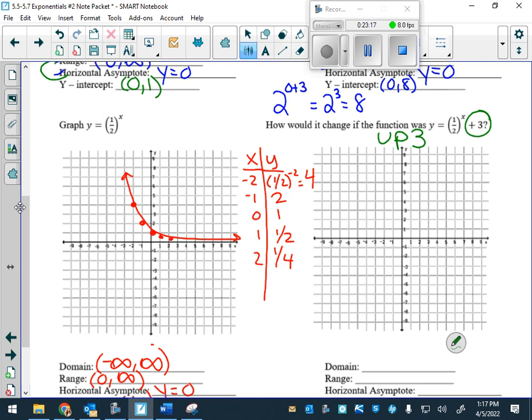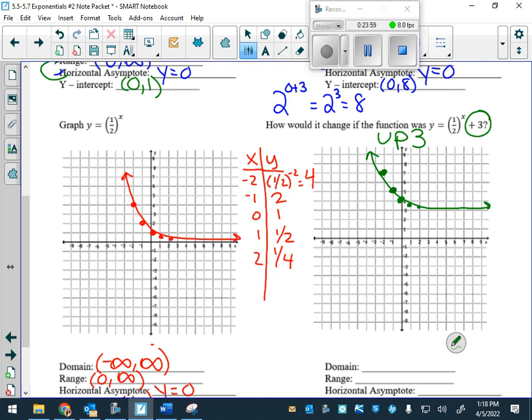The Y would increase by 3. So we would have -2 what? 7. Good. -1, 5. Or Y would add 3. Okay. So your Y would add 3.